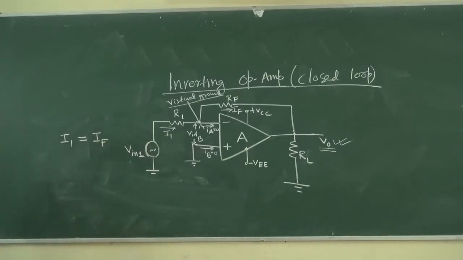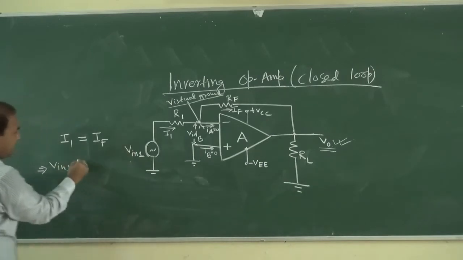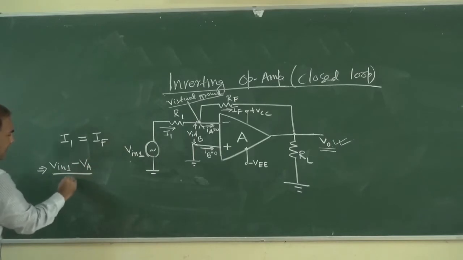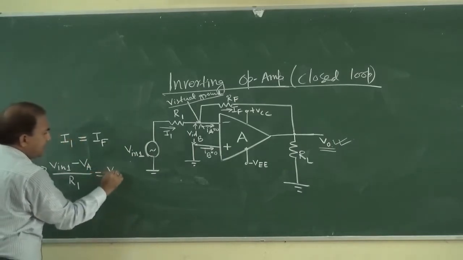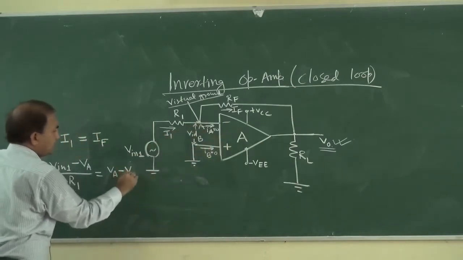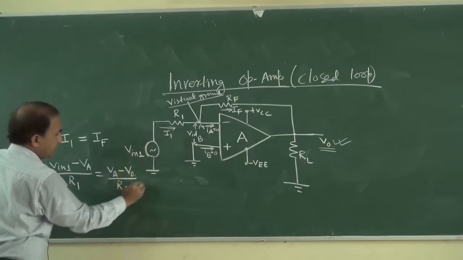So how can we express I1? It is equal to Vin1 minus VA divided by R1. It is equal to VA minus Vout divided by RF.